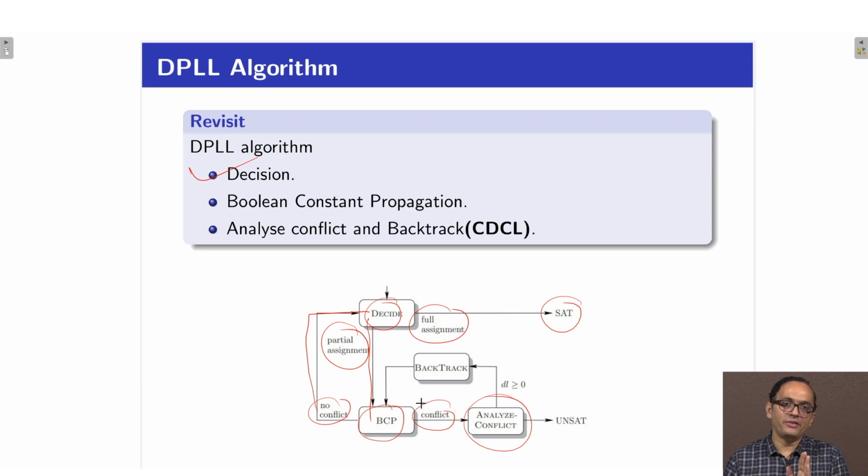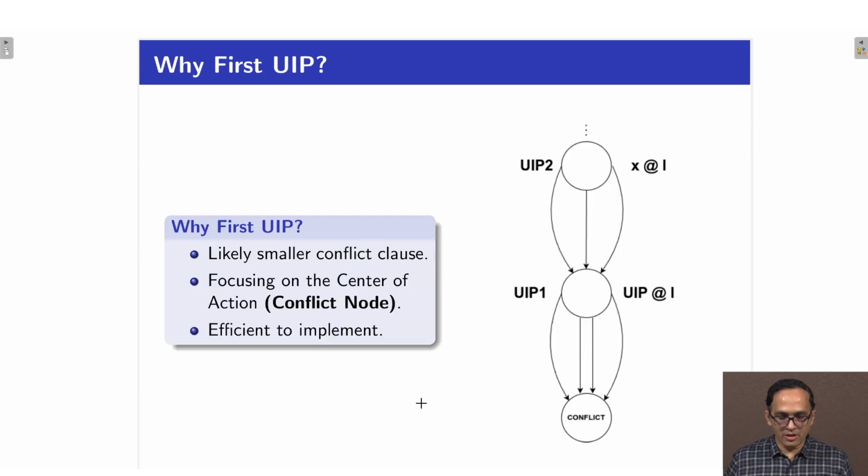And to identify this asserting clause, you need UIP, and we also discussed that for every decision level, there are multiple UIPs possible, and I will pick the UIP which is closest to the conflict node, and that is efficient. This is the earliest possible time we can reach this. So, the algorithm will be efficient.